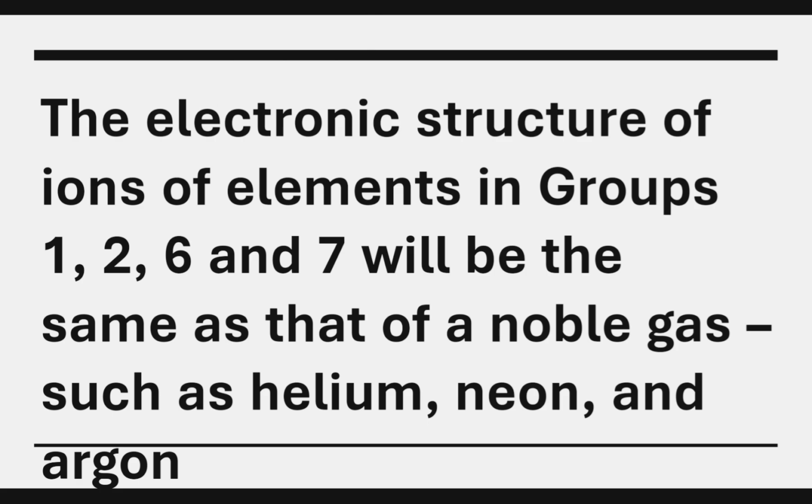Now, as I say, when that is done, the electronic structure of the ions of the element, either in group 1, group 2, group 6, group 7, will be the same as that of a noble gas such as helium, neon, and argon. What does that mean?